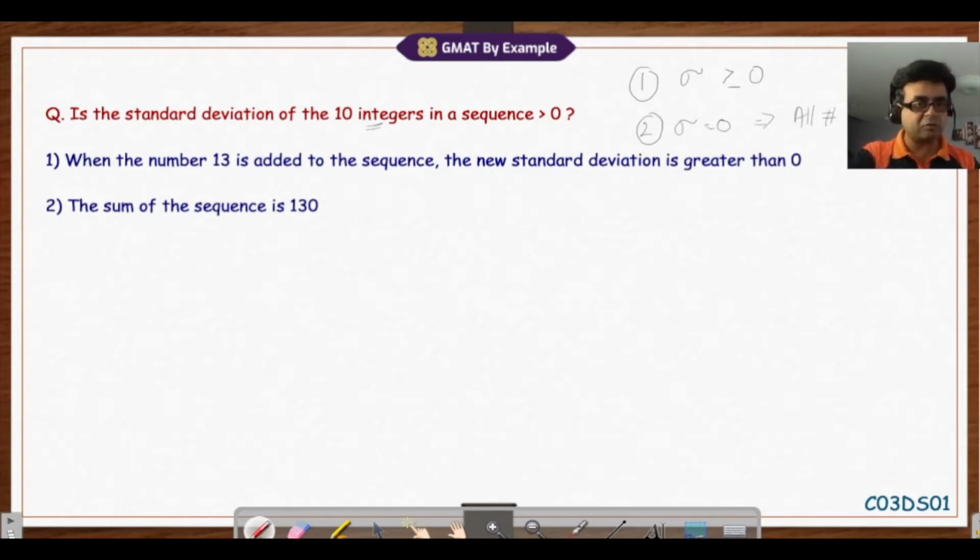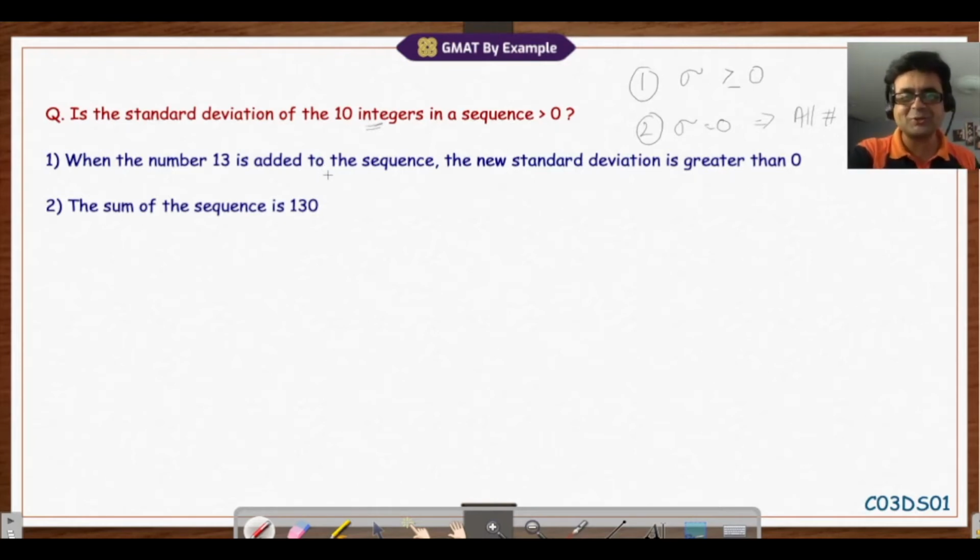So when will it be greater than 0? When some of the quantities are different. It doesn't have to be all quantities that are different, but if any one quantity is different than all the other quantities, then the standard deviation cannot be 0. So that's what the question is asking. It's a yes or no question. I have to be convinced that the answer to the asked question is either a yes or a no.